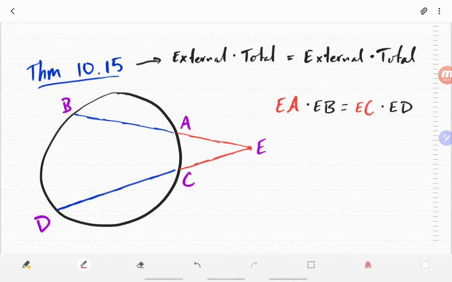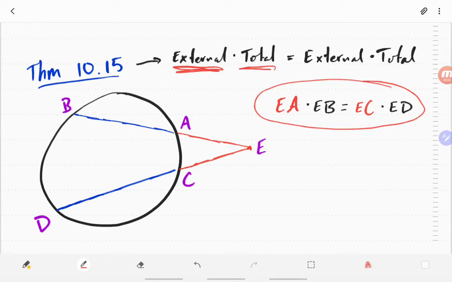This one is kind of an easy one to mix up and mess up, because a lot of people, when they set this up, end up wanting to do EA times AB, when really what we do with this problem is we take the external segment and multiply it by the total segment, right?